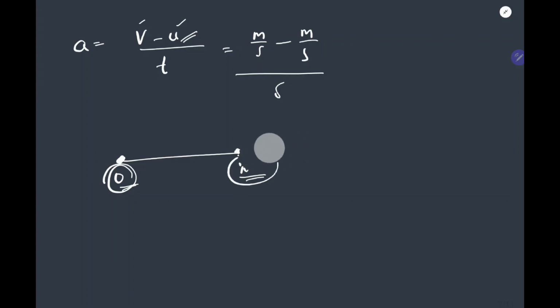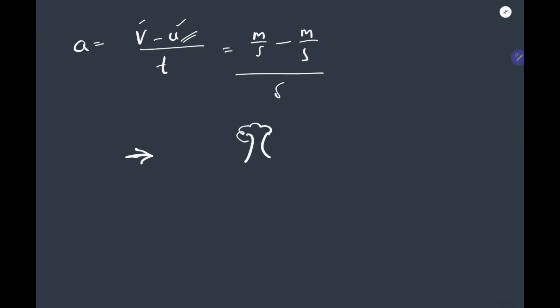Now there is another example, a bullet. This bullet starts from the gun, and there is a tree. What is the initial velocity, u?